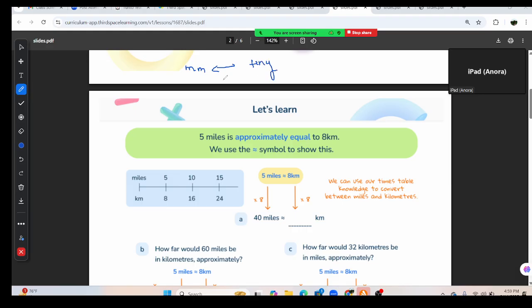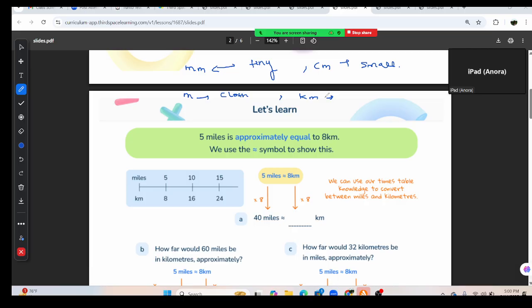Then we use centimeter to measure the length of your finger, which is also used for small lengths. Then meter is used to measure the length of your cloth. And then comes the kilometer.